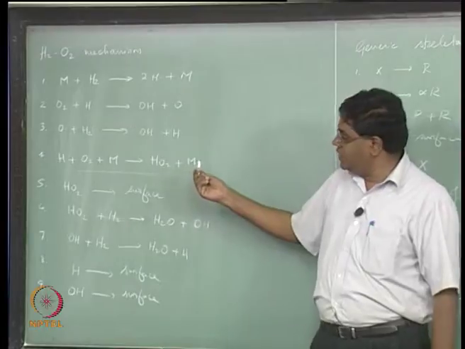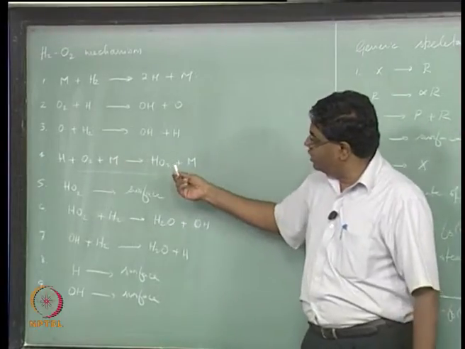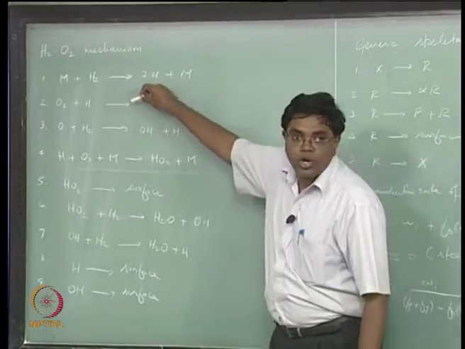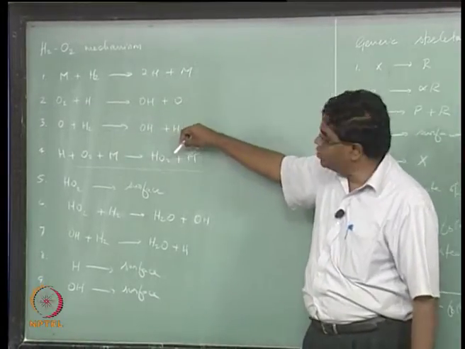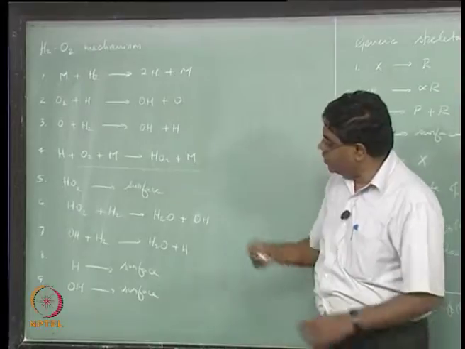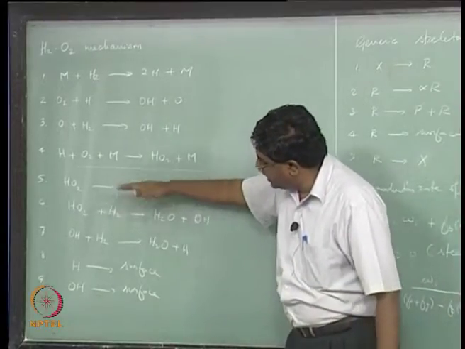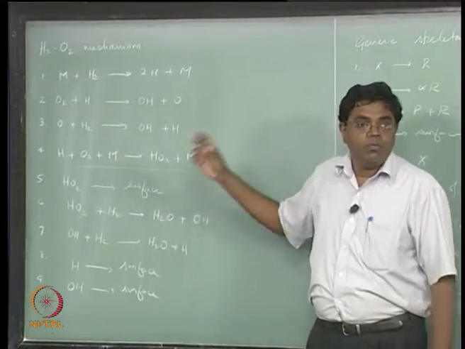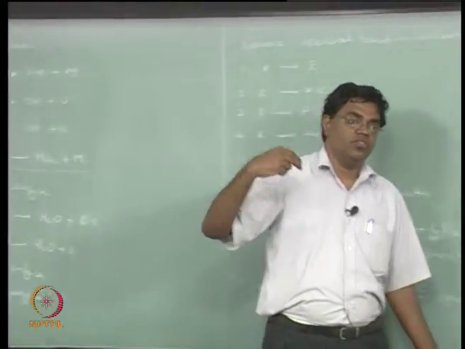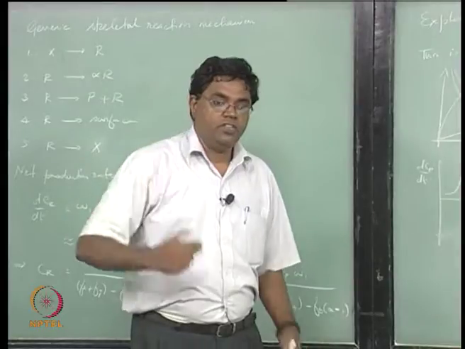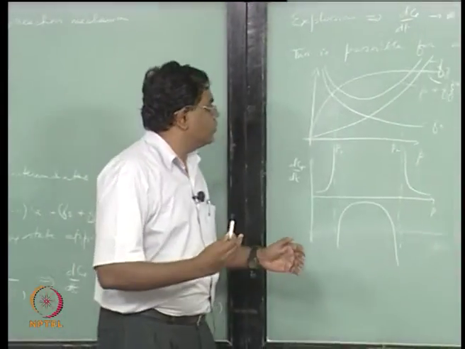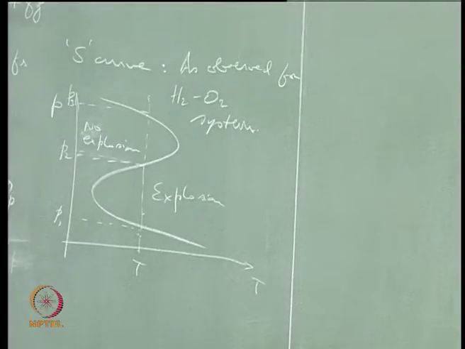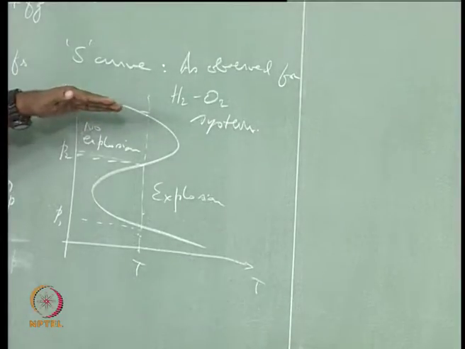So this is now going to give rise to a new intermediate, as opposed to OH and OH alone. You now have an HO2 that also has a surface termination and a gas phase termination, you see. So the termolecular reaction giving rise to a new intermediate is one of the mechanisms that explains a very high pressure limit. This is one idea.